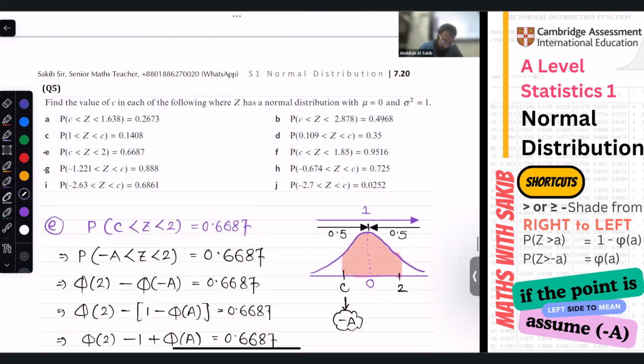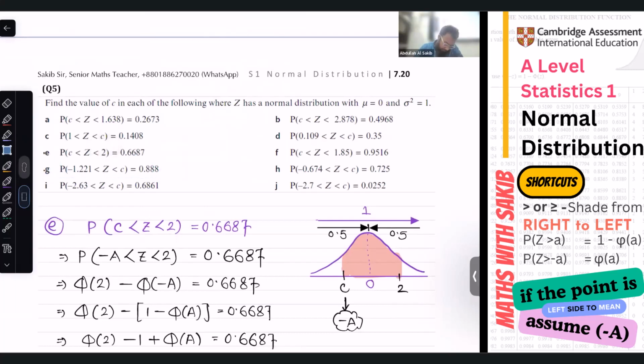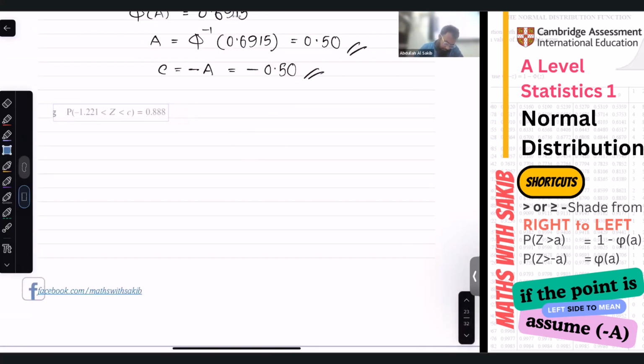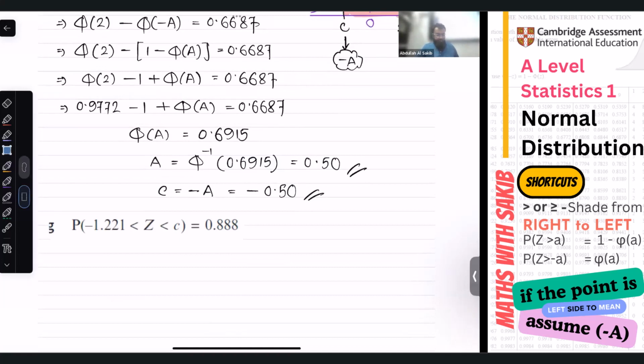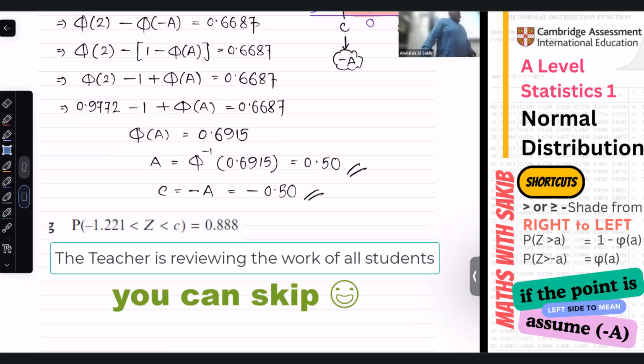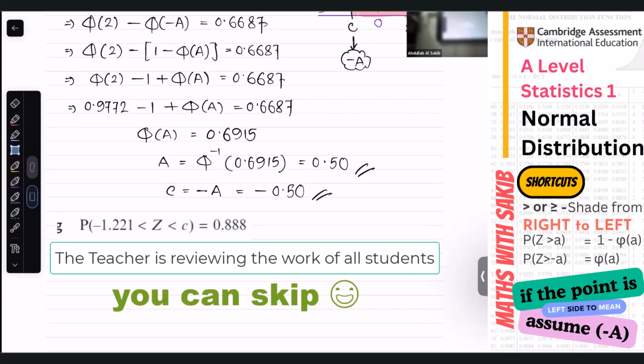Let's do one more. Now it's your turn. Do number G. So we know that Z is minus 1.221.